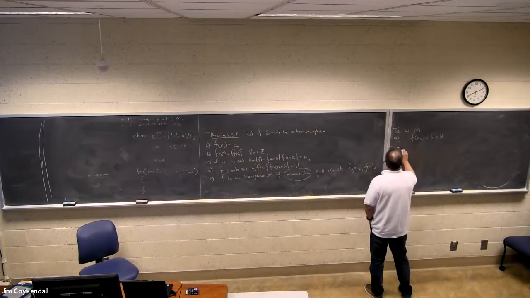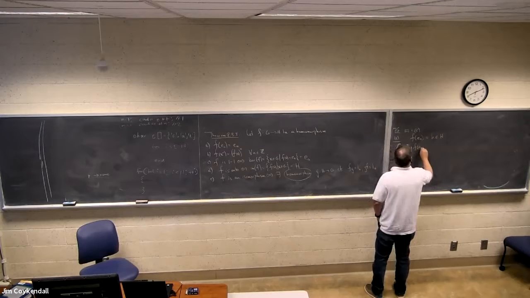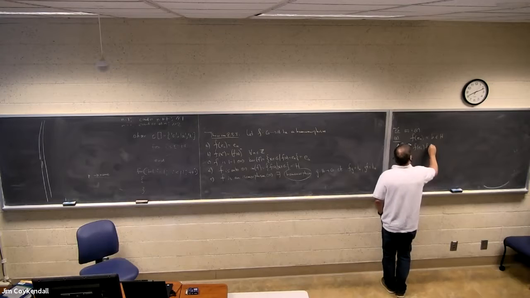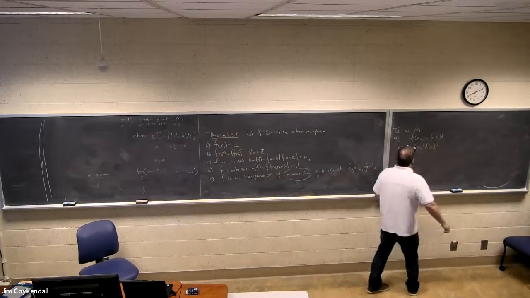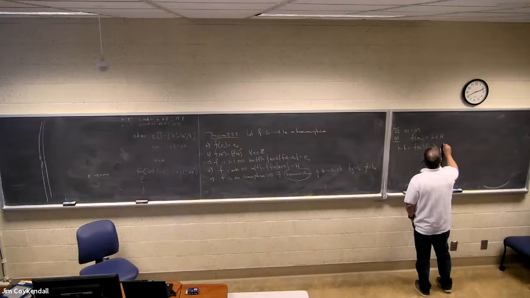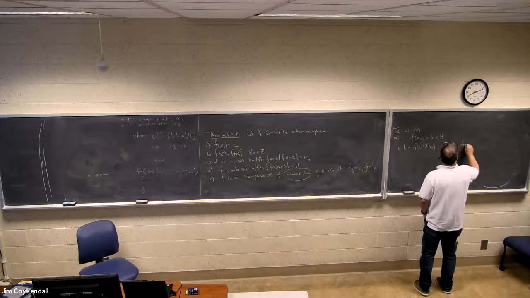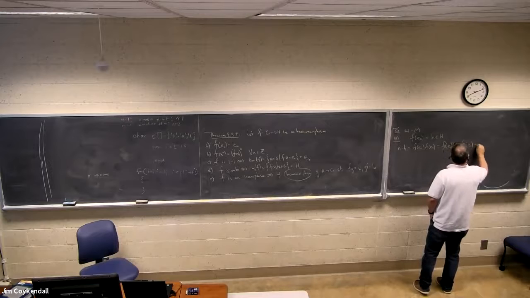I notice that h times h equals f of e_G times e_G. But this is a homomorphism, so this is f of e_G squared. I don't know much, but this is still the identity.